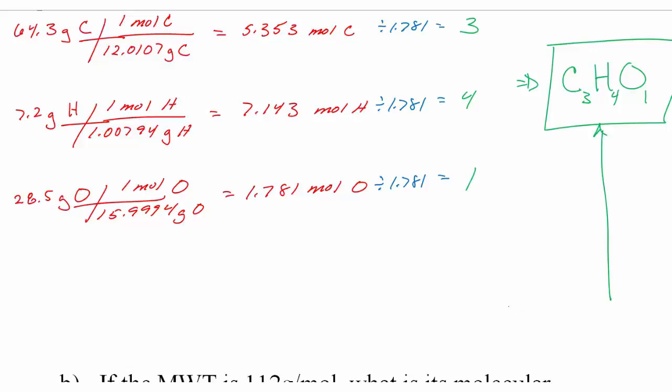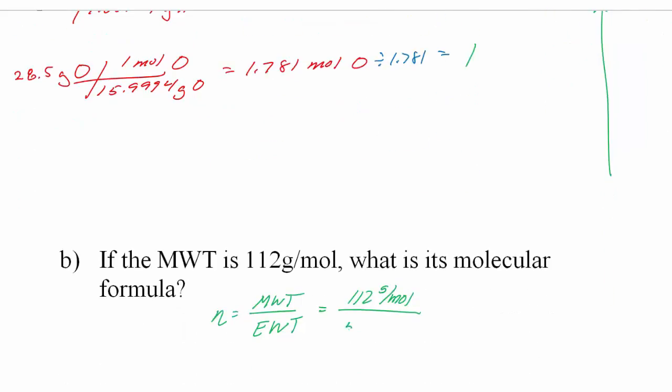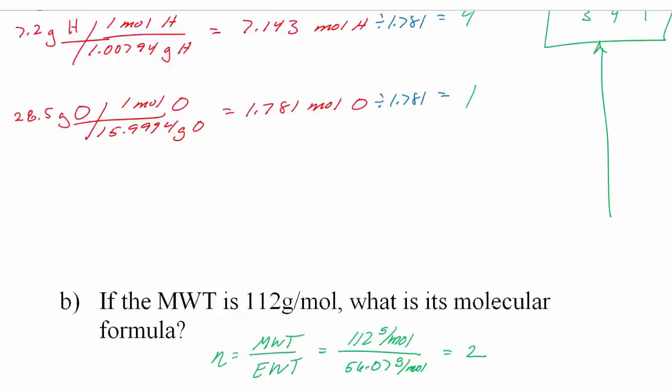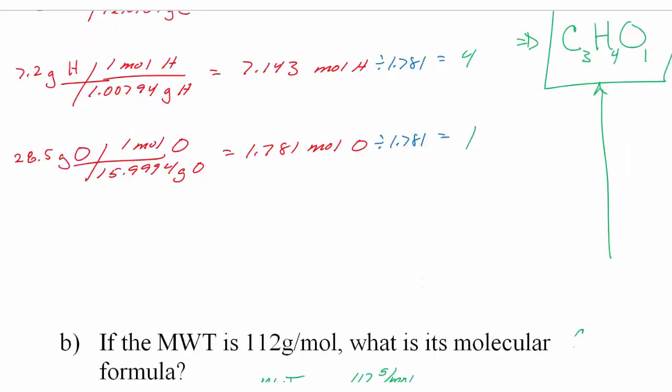It's going to be 3 times 12.01 plus 4 times 1.01 plus 16, about 56.07. Divide those two, you get 2. Off by a factor of 2. So I had C3H4O, so my final answer would be C6H8O2.